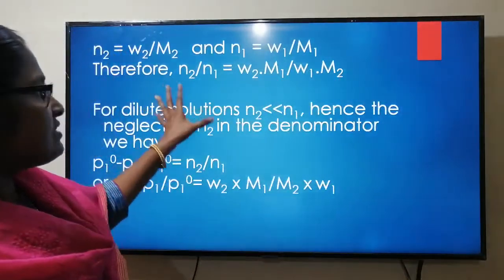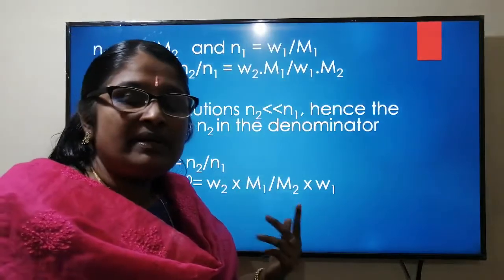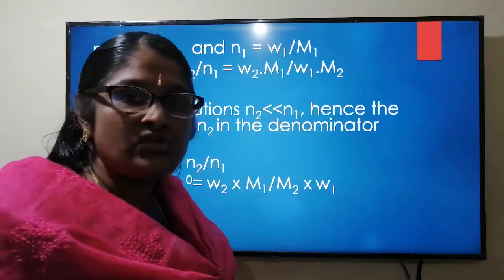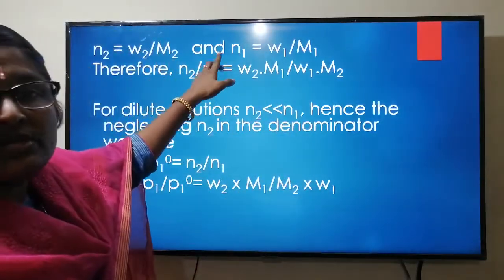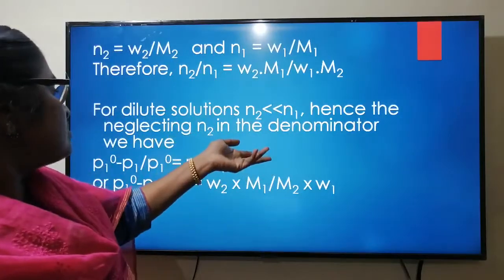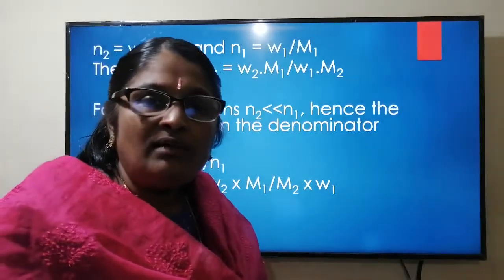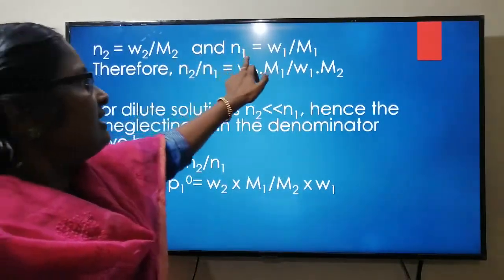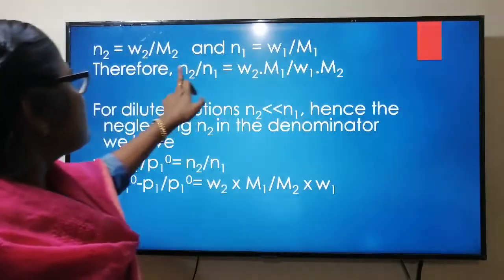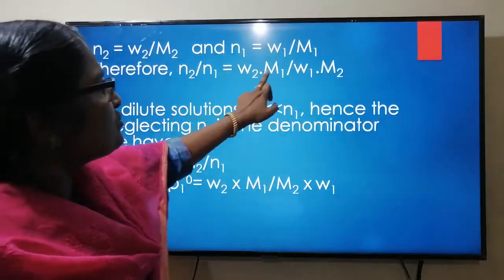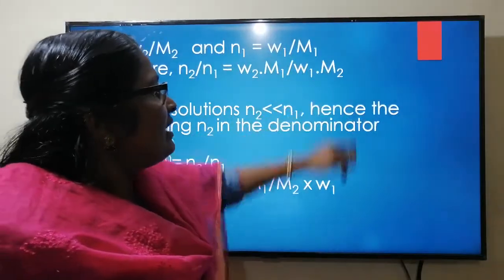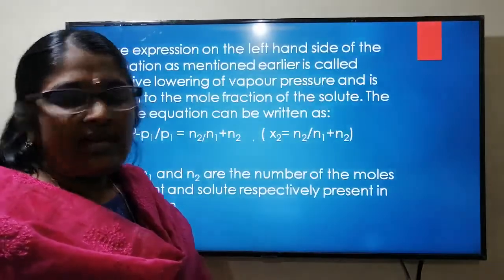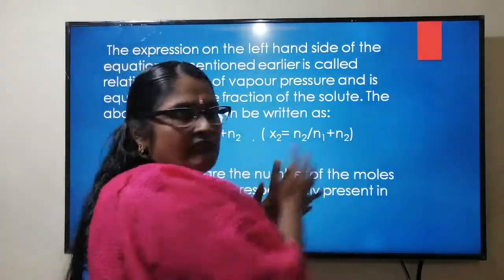So we have arrived at another form: P10 minus P1 by P10 is equal to X2. Instead of X2, we substitute N2 divided by N1 plus N2, where N2 is W2 by M2 and N1 is W1 by M1.